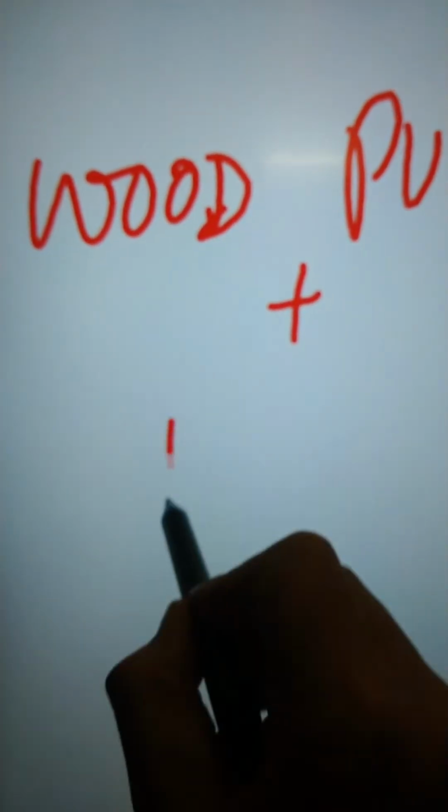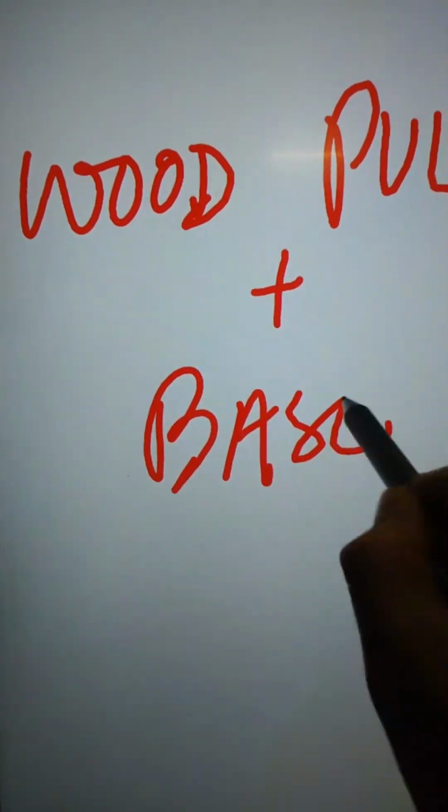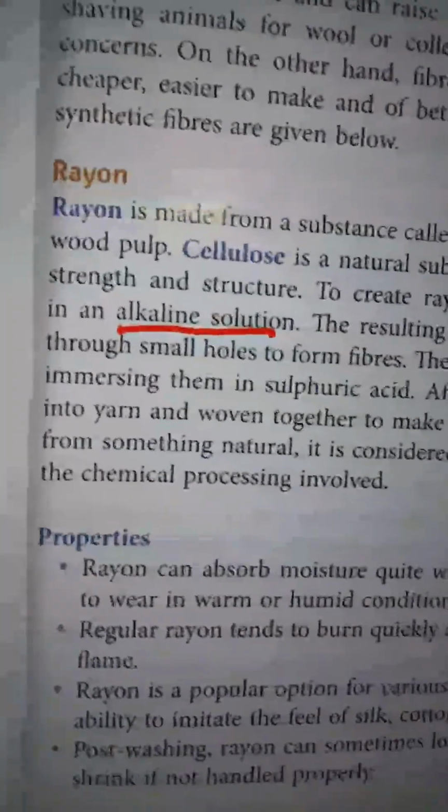You take pieces of wood, like there are trees, they are cut, their branches are cut, then they are kept in water, and then they become soft. After that, this wood pulp is mixed with an alkali, which is a base. In class 7th you have studied what is acid base. So that is the meaning of alkali solution.